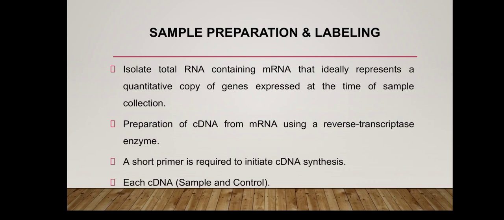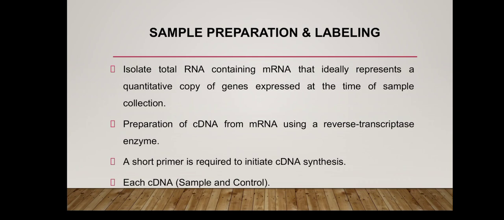Sample preparation and labeling. Firstly, the RNA is isolated. RNA isolation is the goal, because it includes messenger RNA from a sample. This RNA should ideally represent the gene expression profile and should be quantitative.